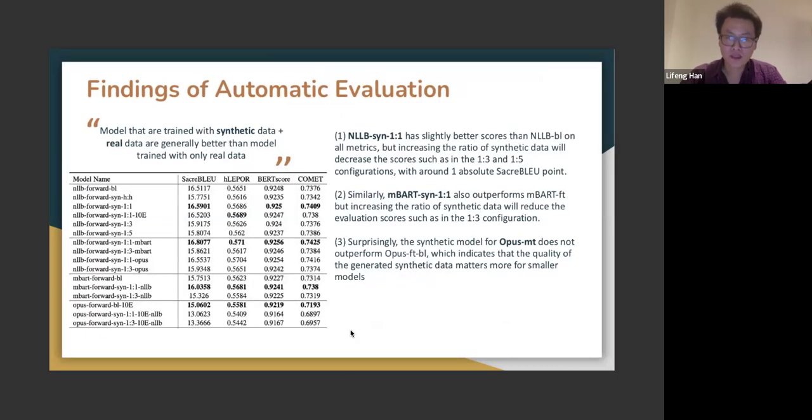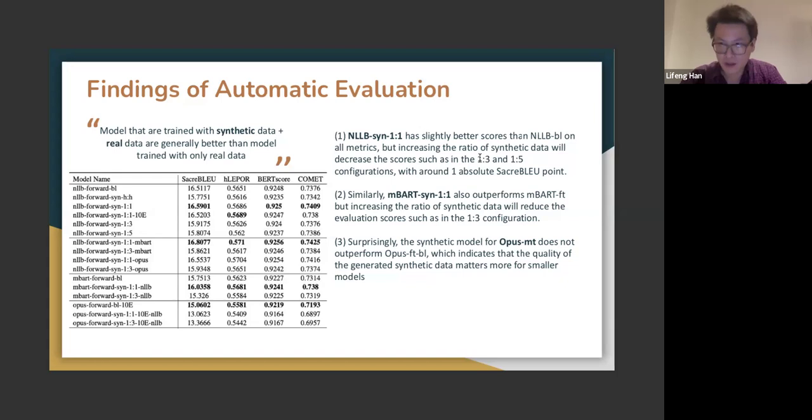From the automatic evaluation, our finding is that NLLB with synthetic data at a 1-to-1 ratio, 100% real and 100% synthetic, has a slightly better score than NLLB using only bilingual real data on all metrics. But increasing the ratio of synthetic data will decrease the score, such as if we use 300% or 500% synthetic data.